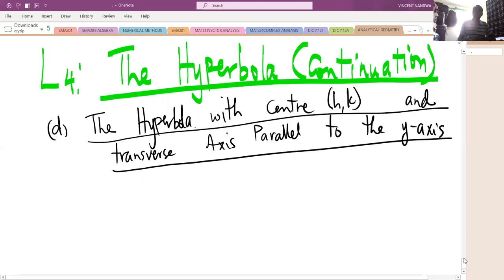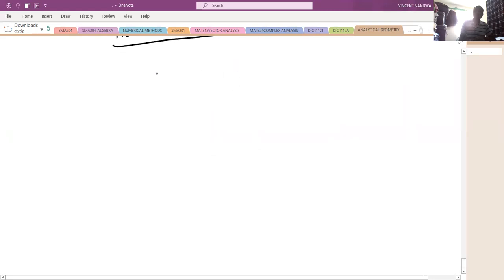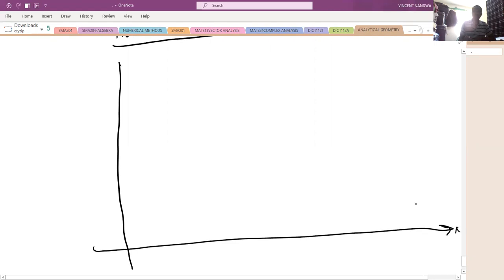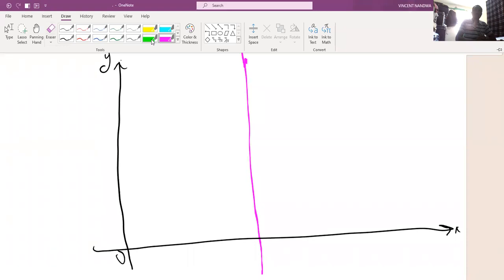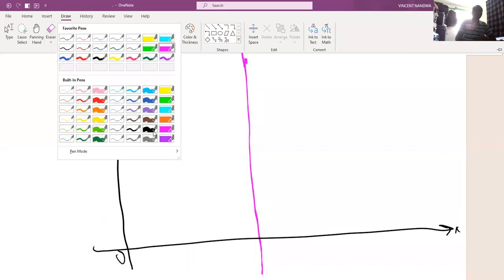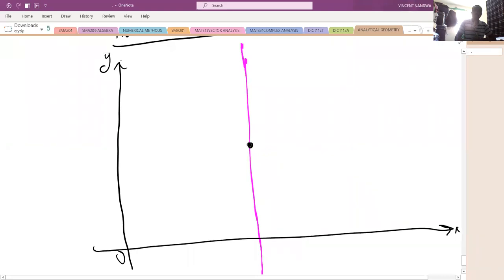Okay, so consider this diagram. X 0, then y. So I'll draw my axis, this line parallel to the y-axis. So let me identify this point. So this point here to be my center, h, k.